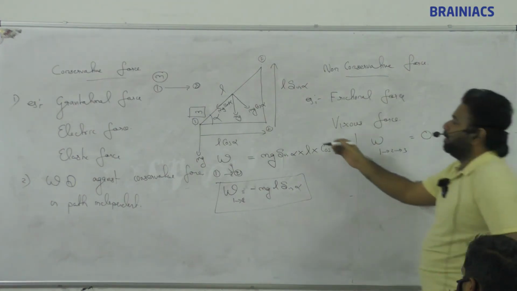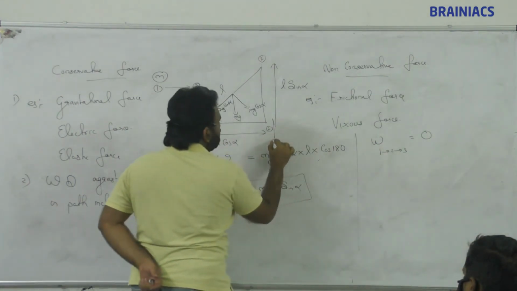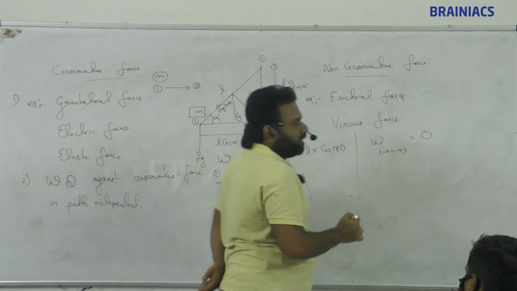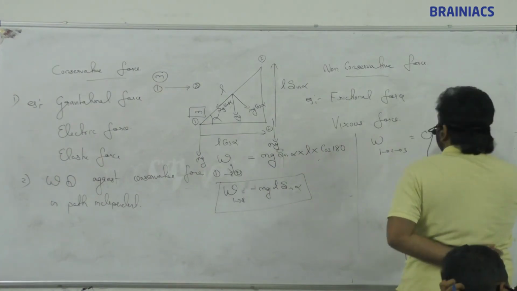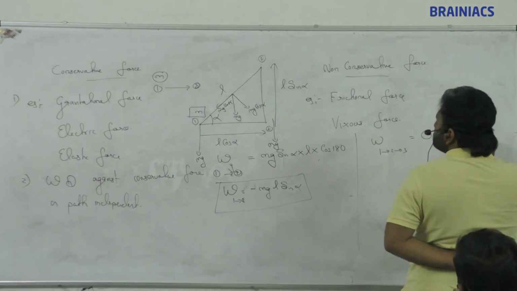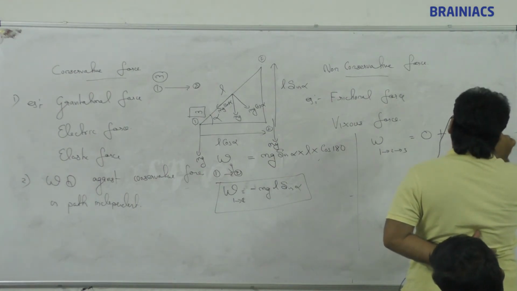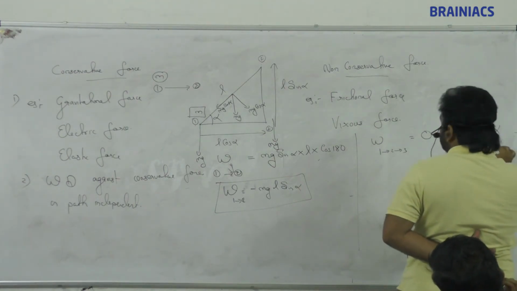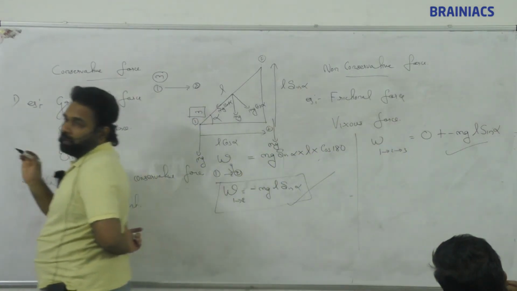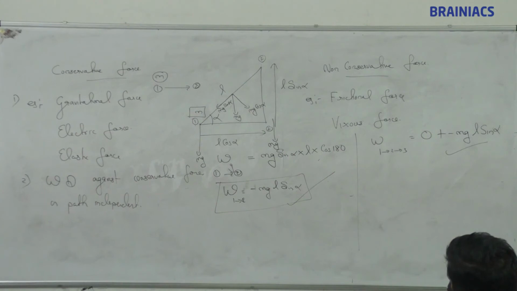Now here mg is acting in this direction, L sin alpha is in that, so minus mgL sin alpha. What about this one and this one? Same. So work done by conservative force will be equal whatever path we take.